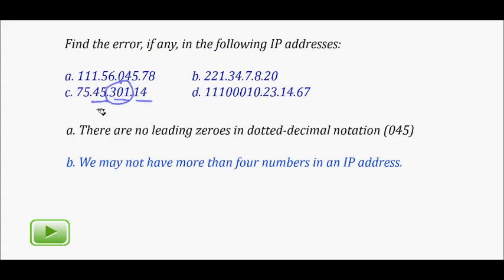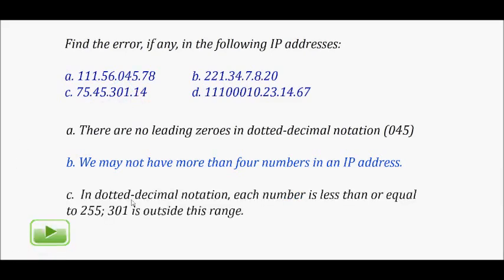Let's try to see the next one. 75.45.301.14. Here the thing is, this byte is more than 8 bits. 255 is the highest number you can represent using 8 bits. This is 301, so this is also wrong for this particular reason.